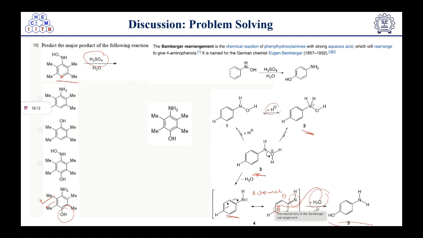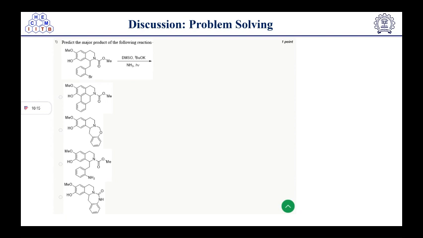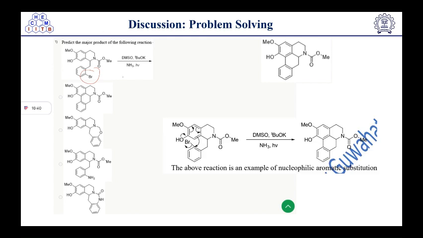Okay. Next question: predict the major product of the following reaction. Don't get scared of the big structures. You just have to find out the functional group where the reaction is going to happen. Here we are observing this big molecule, but we know this is the reactive center, so the reaction will take place on this one only. So we'll discuss the mechanism here.